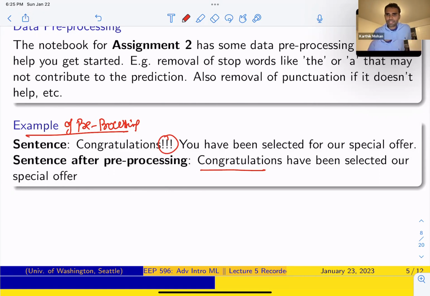For instance, with spam emails, we do know that if you're using exclamation marks and drawing attention to a certain sentence through punctuation, that might be an indication or a feature that it is spam. So this is a pre-processing that you can apply to sentences, but depending on the task, for instance spam filtering, you may not want to apply this specific punctuation filter because it plays a role in detecting if a sentence is spam or not. All right.